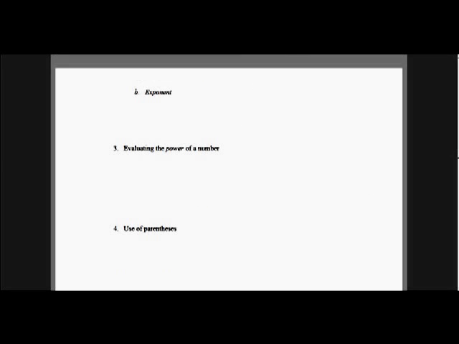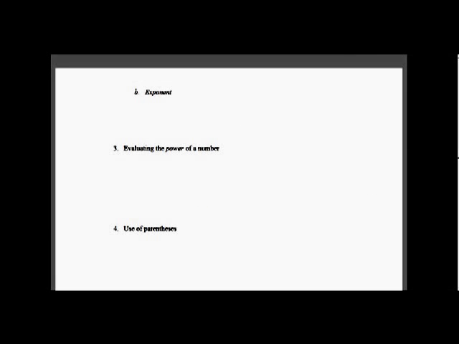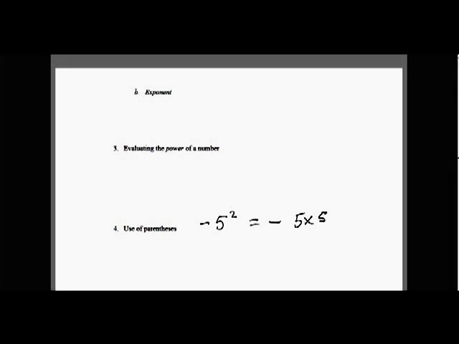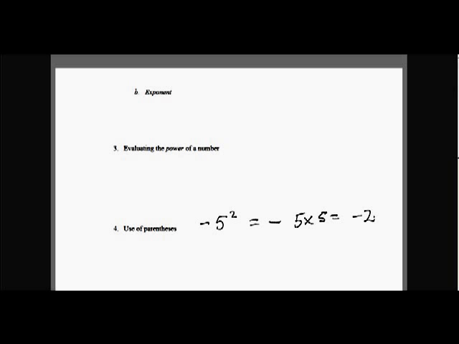An exponent applies only to the base number to its immediate left. So if I have the expression minus 5 squared, then this refers to the negative of the second power of 5. So this is the negative of 5 times 5, or the negative of 25. If I mean for the exponent to apply to negative 5, then I need to use parentheses.